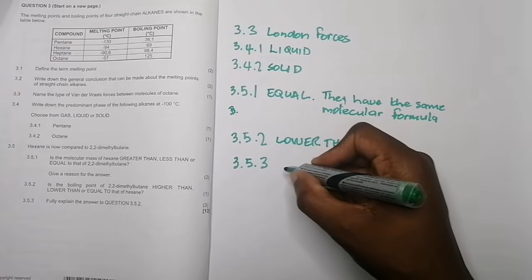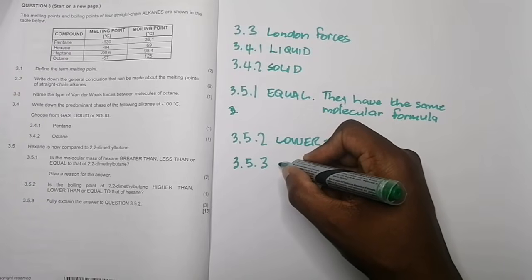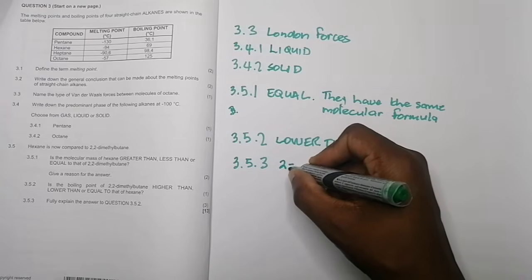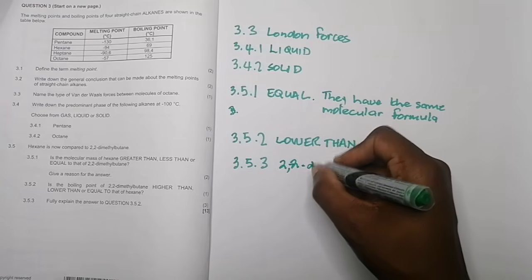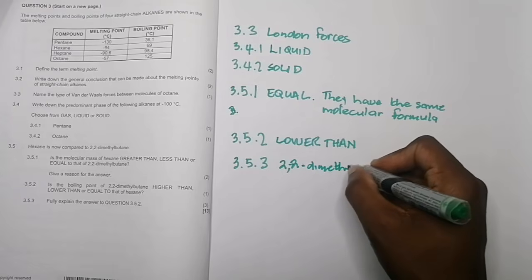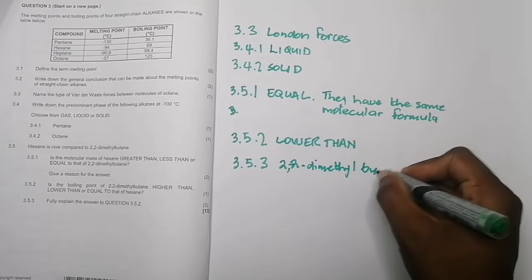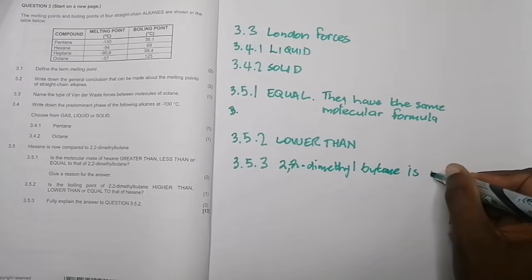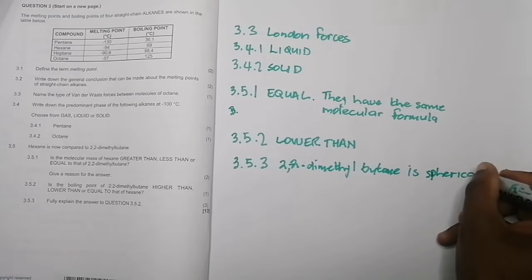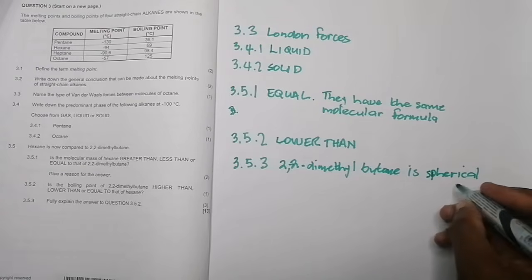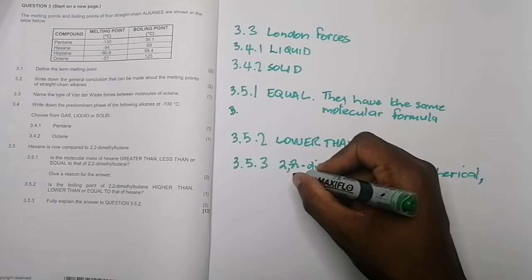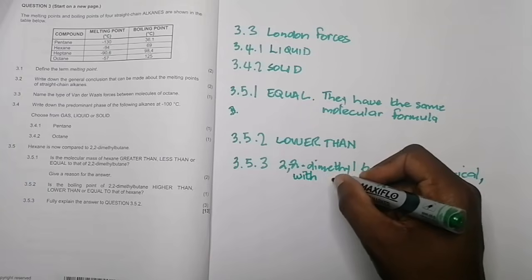So we can say that 2,2-dimethyl butane is spherical in shape, or you can say that it has a lesser surface area, spherical with less surface area.